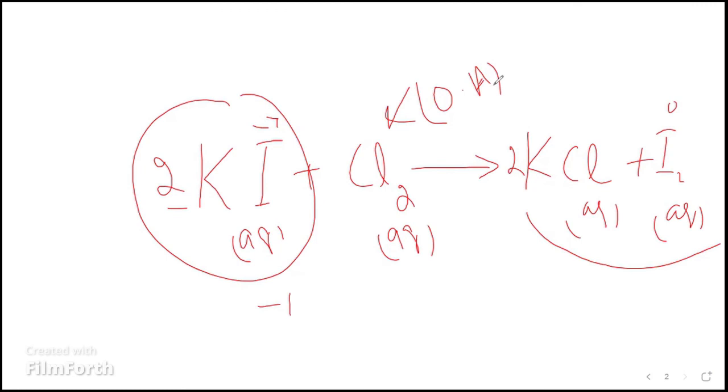Iodide ions change oxidation state from -1 to 0. So that is the oxidation, and that oxidation is caused by chlorine. So chlorine is an oxidizing agent. Okay, Abdullah? That's good.